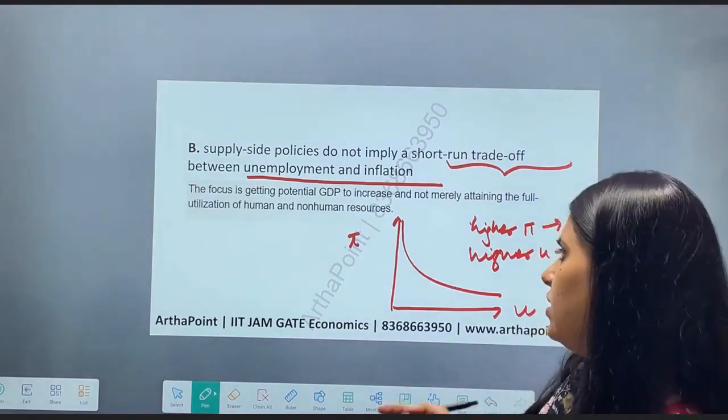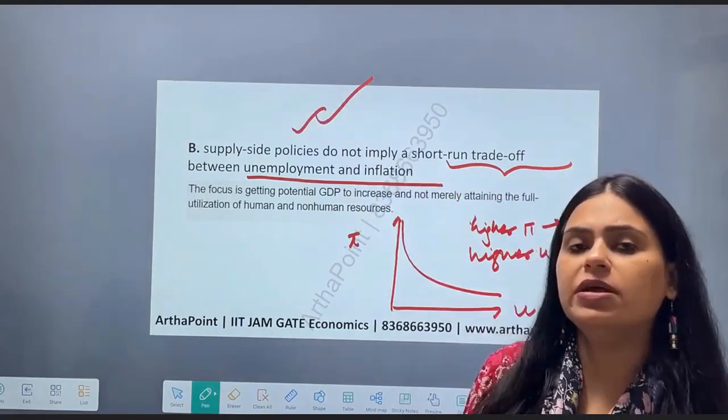It does not imply with the supply side policy. They do not imply this thing.